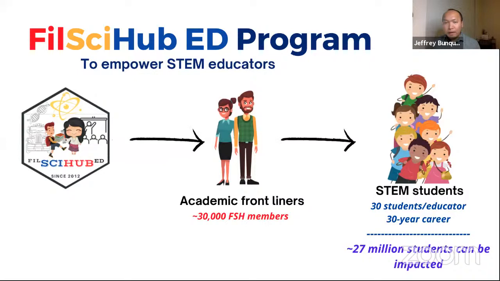So for example, if each of those teachers would teach for 30 years on average, and if they could influence 30 students per year, you're looking at about 27 million students impacted over a span of 30 years. And if only 1% of that would decide to become a scientist, you're looking at about 270,000 Filipino scientists or researchers that can be produced over the next 30 years.